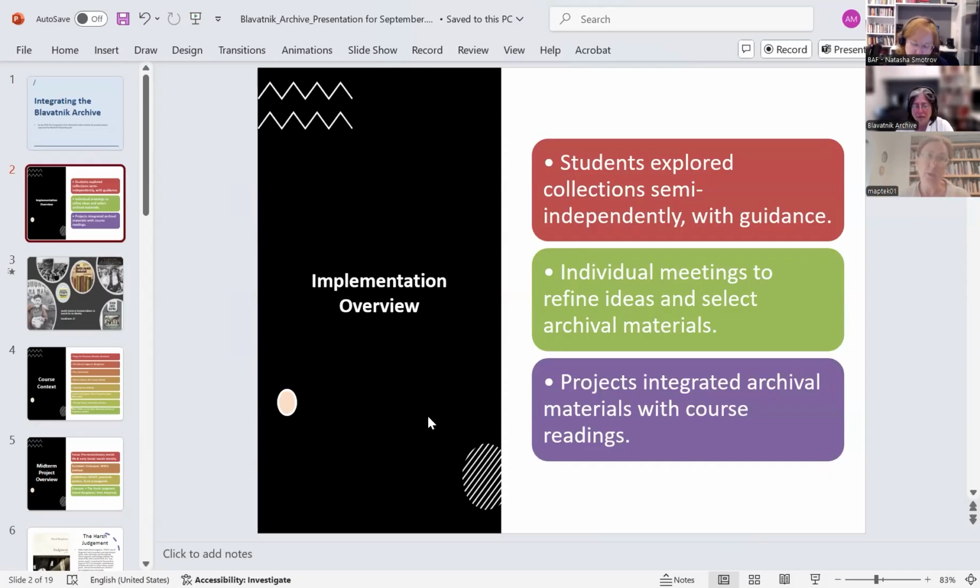And my format, as you see, was pretty similar to what other people already spoke about. So it's interesting that we all thought in the same direction. Students explored collections semi-independently with guidance, and they had individual meetings to refine the idea and select archive materials.